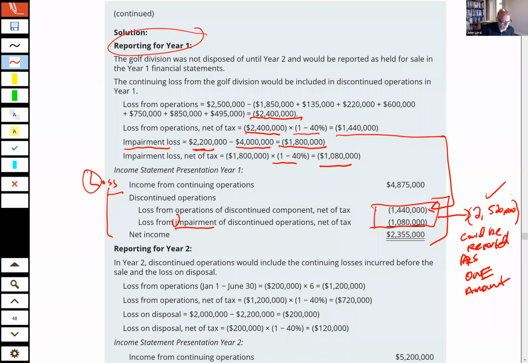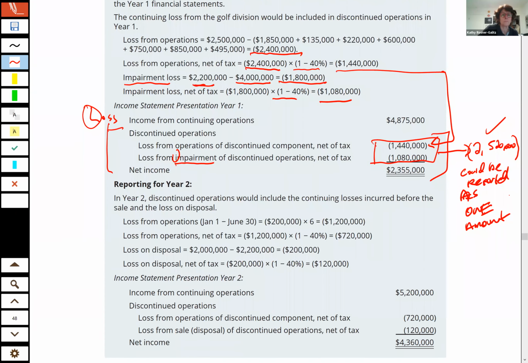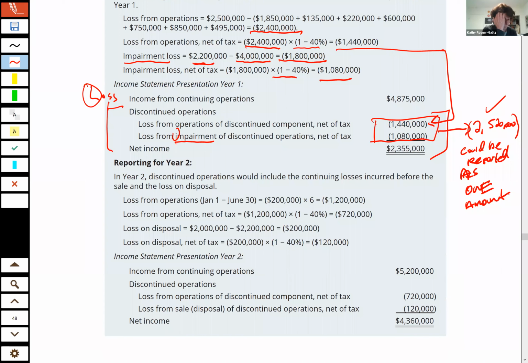Okay. All right. Now we go to year two. In year two, notice we take year two losses in the period in which it occurs. They said they continued to lose 200,000 a year for 6 months. So 200,000 a year for 6 months is 1.2. But again, we report that net of tax.